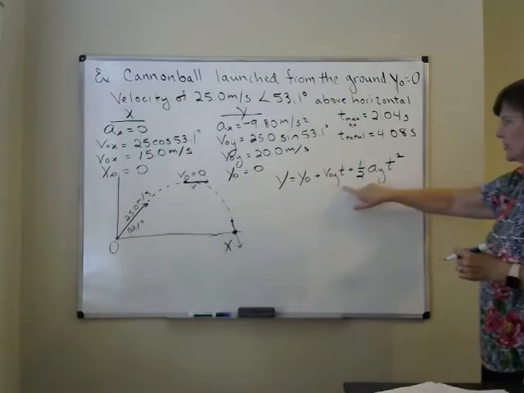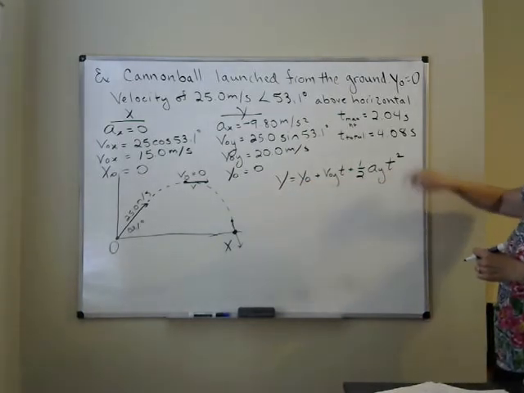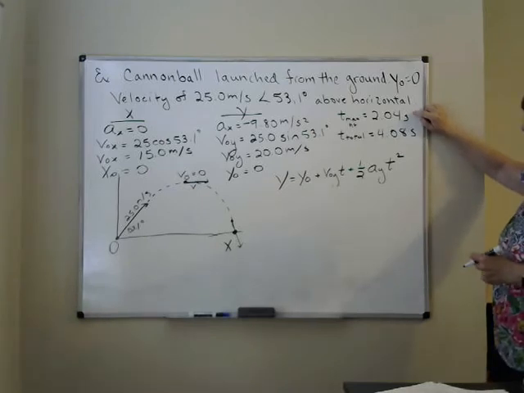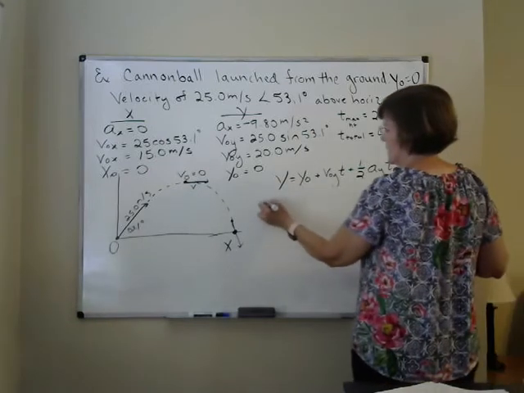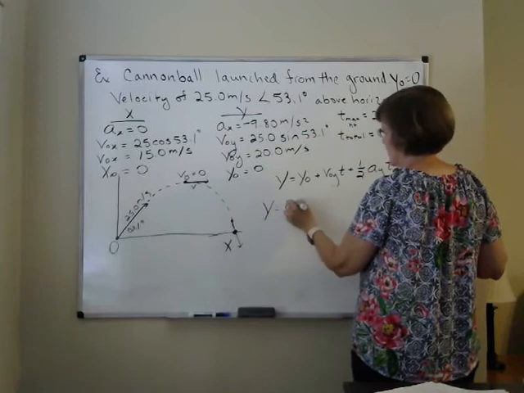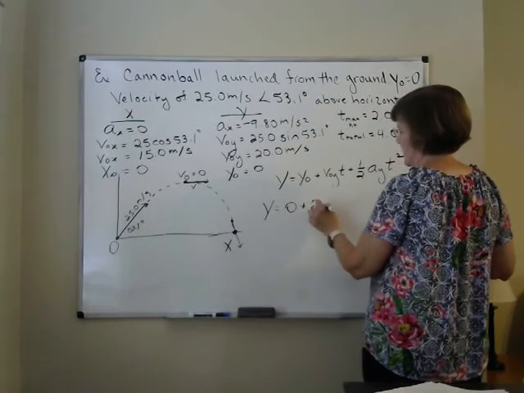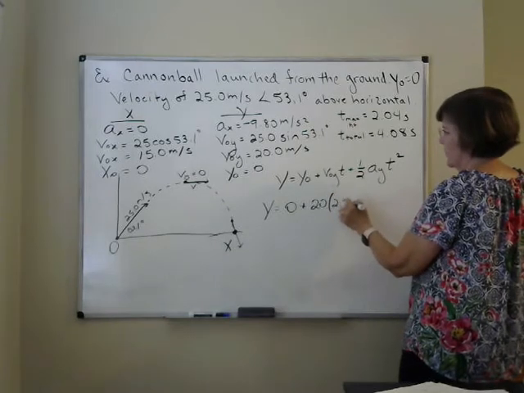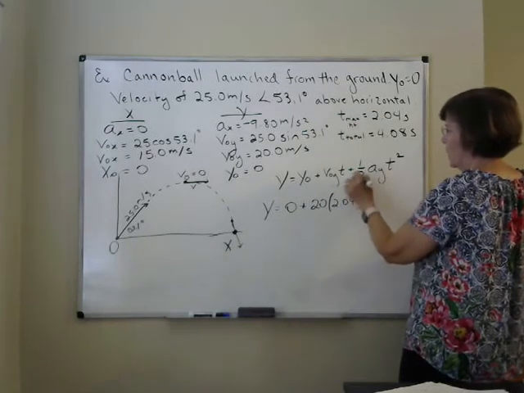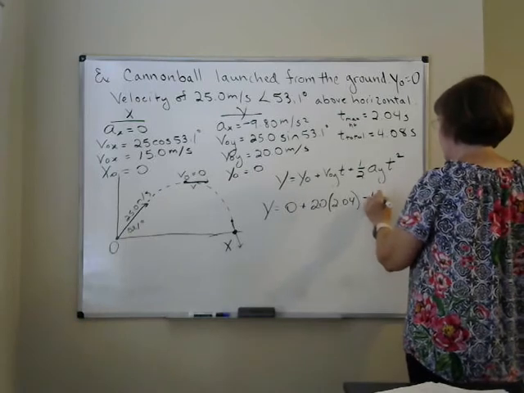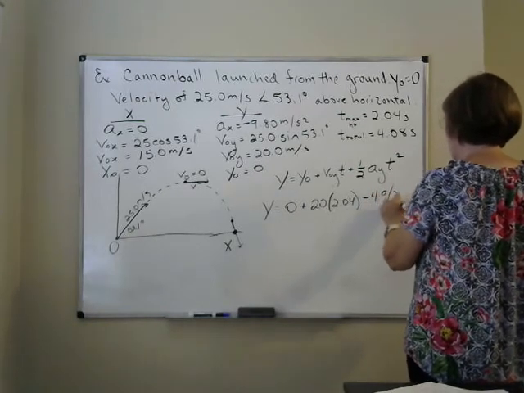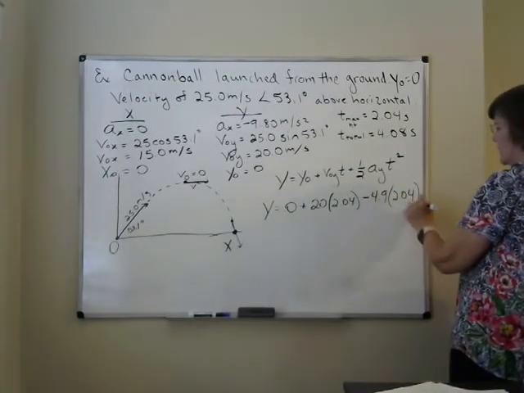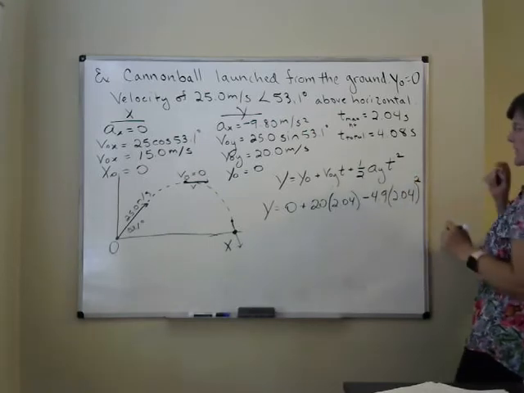Remember, this function describes the height at any time, at 2.04 seconds. Well, it started at the ground with an initial velocity of 20 times 2.04. 1/2 the acceleration is negative 4.9 times 2.04 squared. Don't forget to square it.